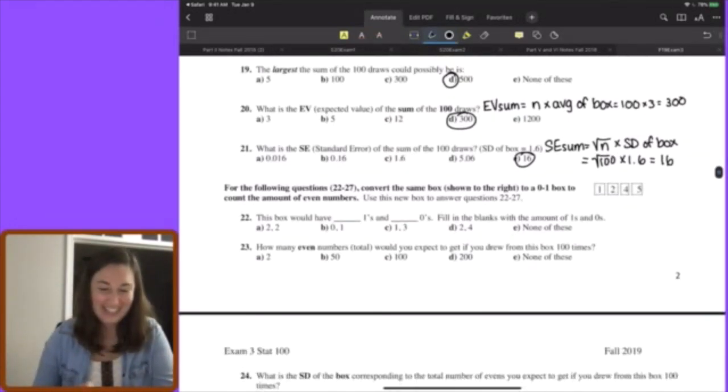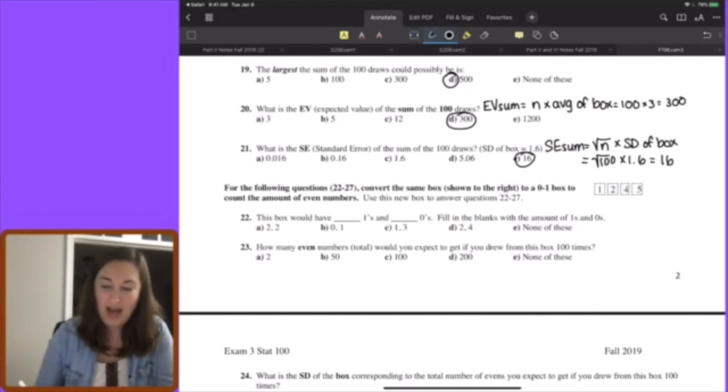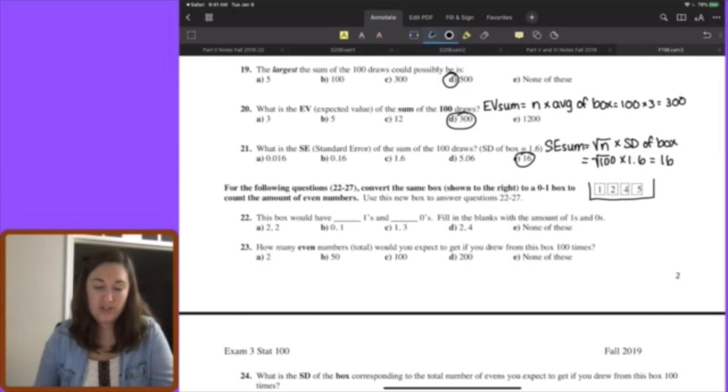All right. Next, it says, for the following questions, convert the same box, so this one right here again, and count the number of even numbers, and use the new box to answer questions 22 through 27.